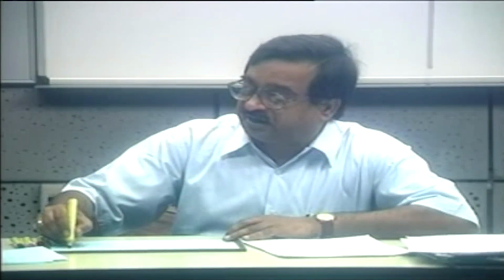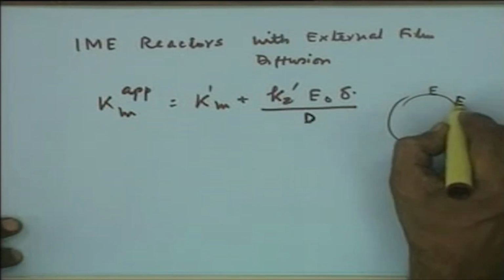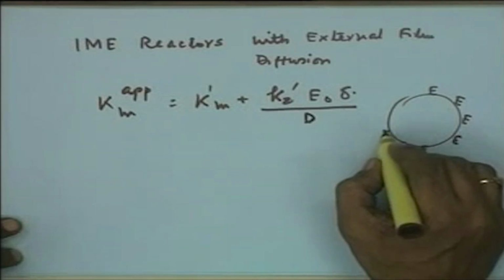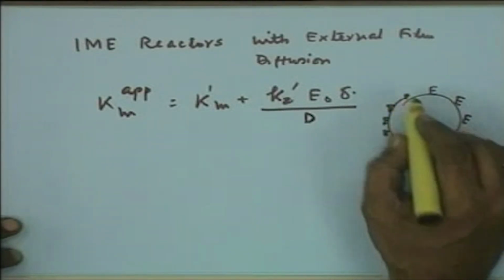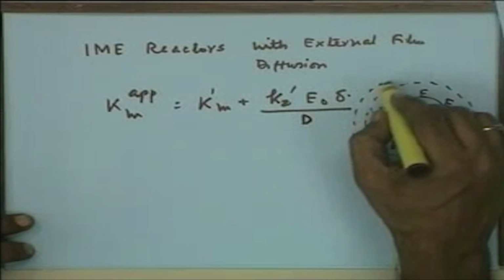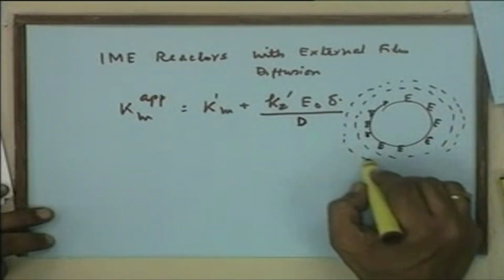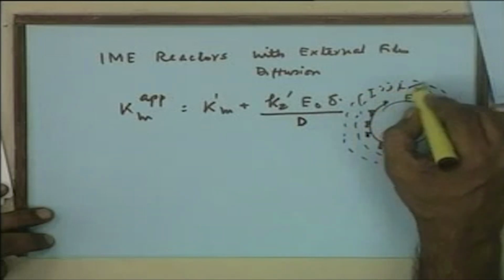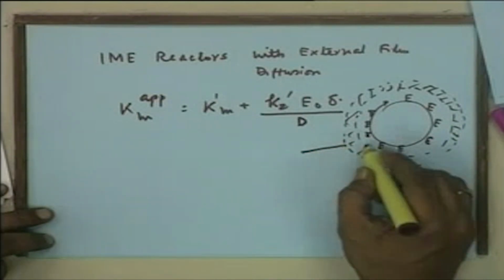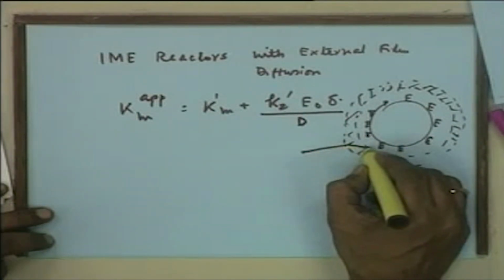That means, let us say you have an immobilized enzyme particle which is non-porous in nature. All the enzyme is immobilized on the surface, a typical particle on which enzyme is only on the surface. There is a layer of film through which the substrate has to diffuse to reach the enzyme active site, and essentially as a result of this there is a concentration gradient.